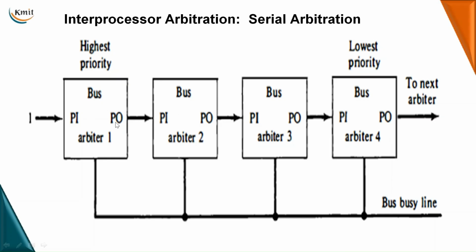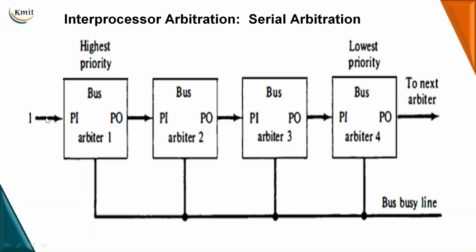When multiple devices concurrently request the use of the bus, the device with the highest priority is granted access to it. Each processor has its own bus arbiter logic with priority in and priority out. PI is the priority in, PO is the priority out. The priority out of each arbiter is connected to the priority in of the next lower priority arbiter.